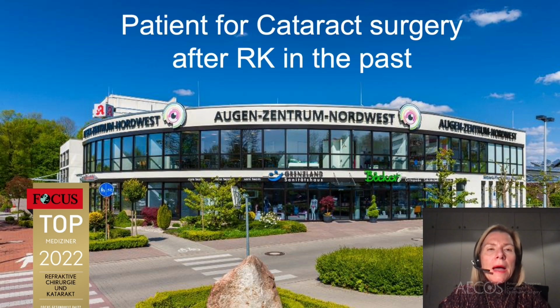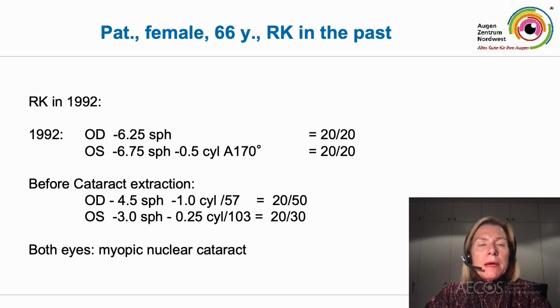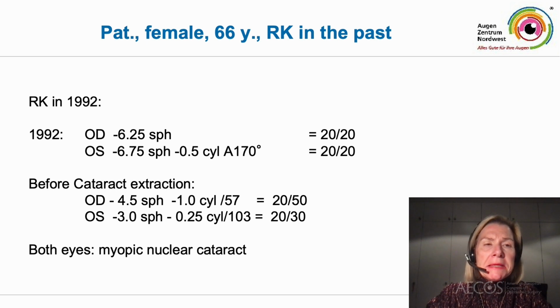Hello, I'm Stefanie Schmickler and I have a case report on a patient for cataract surgery after RK in the past. It is a 60-year-old lady coming in, having had RK in 1992. At that time she had minus 6.25 diopters in her right eye and in her left eye minus 6.75 with minus 0.5 cylinder, axis 170.